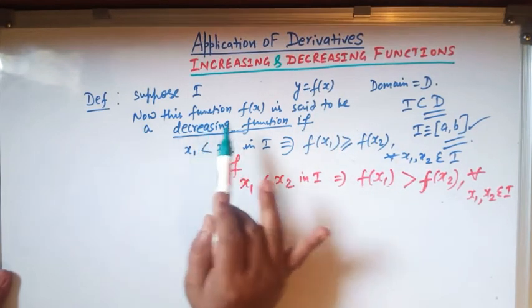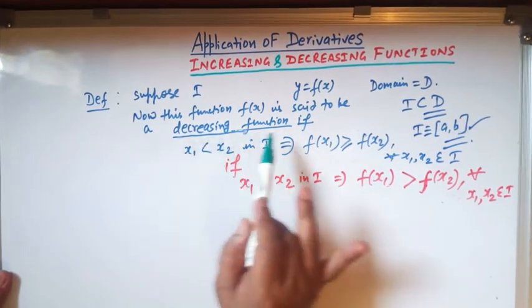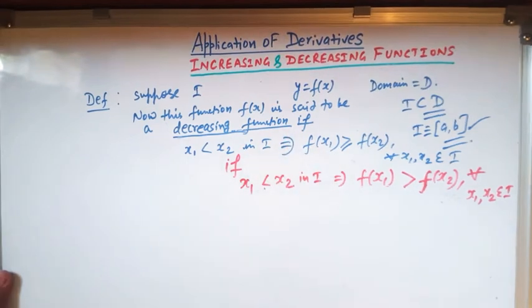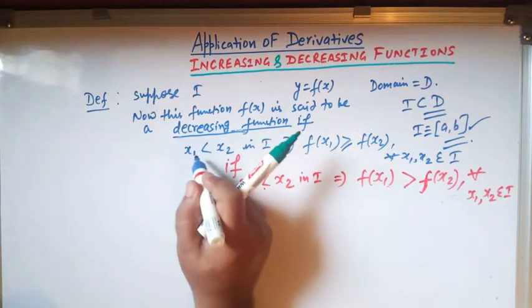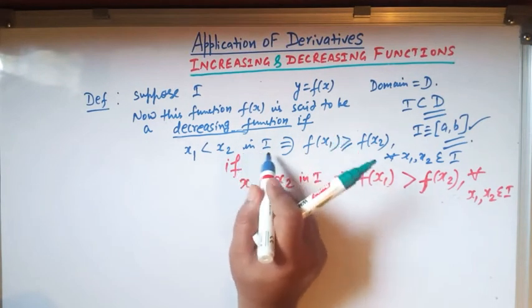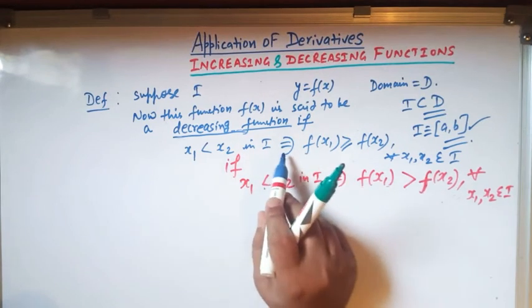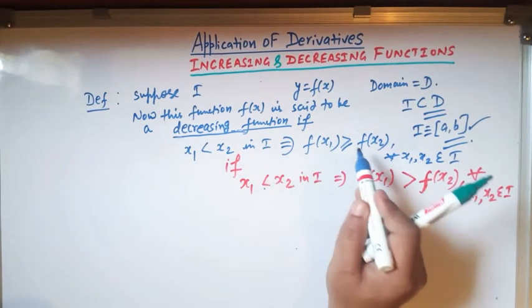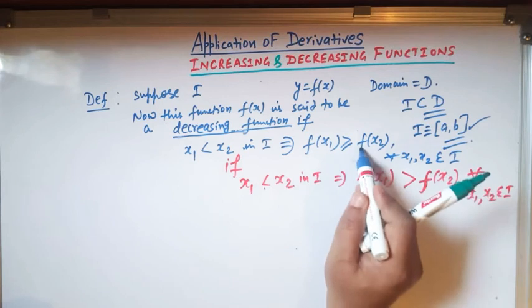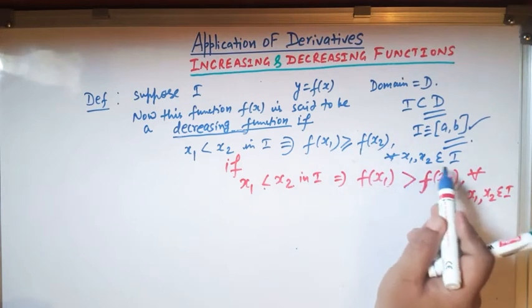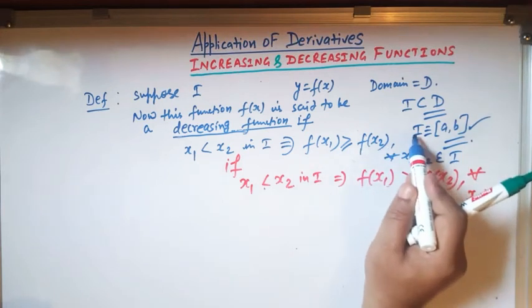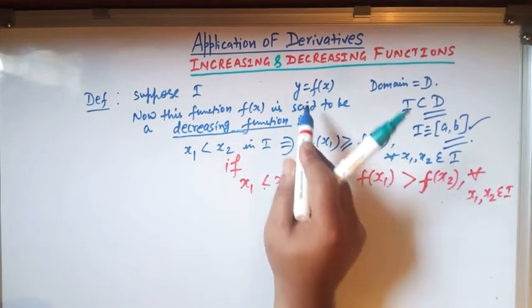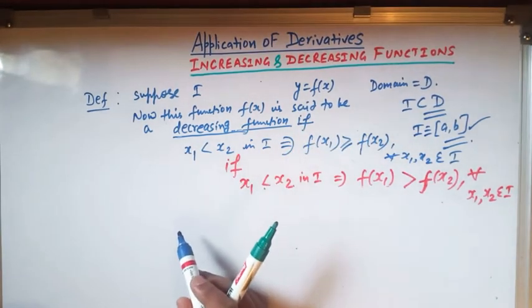Now this function f(x) is said to be a decreasing function if x1 less than x2 in I implies that f(x1) is greater than or equal to f(x2) for all x1, x2 belonging to this interval I.